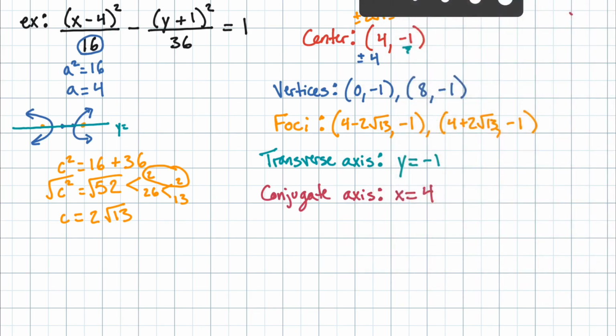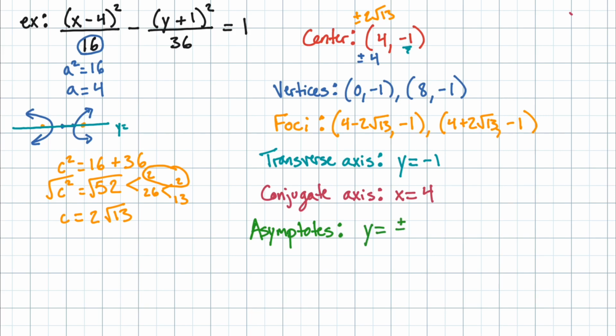Okay, last thing we need to find would be the asymptotes. So I know y equals plus or minus. Well, here's what I see. This time it is a that is underneath x, and so I know 4 is going to be in the denominator.